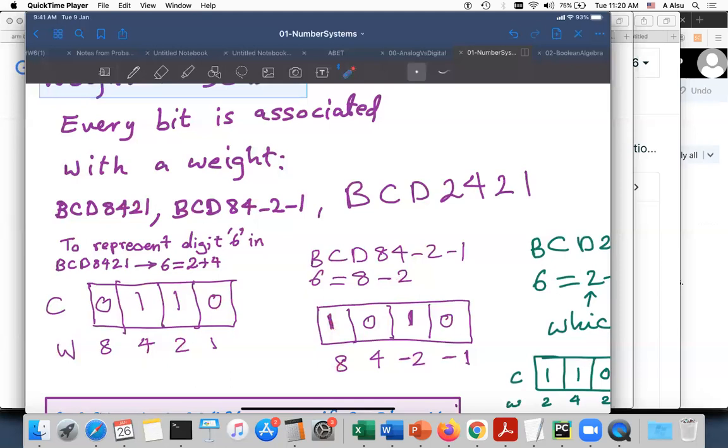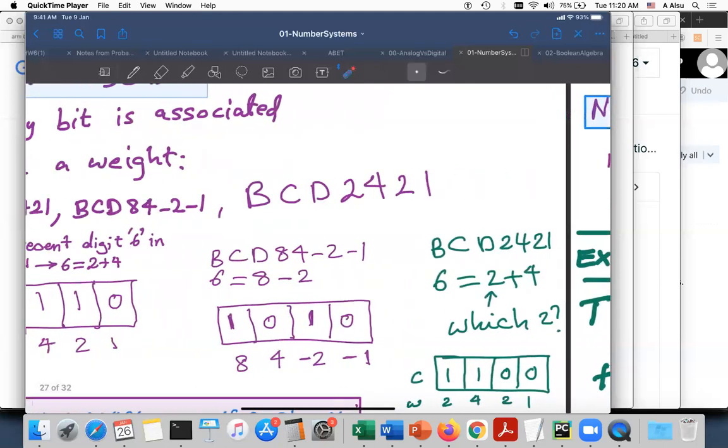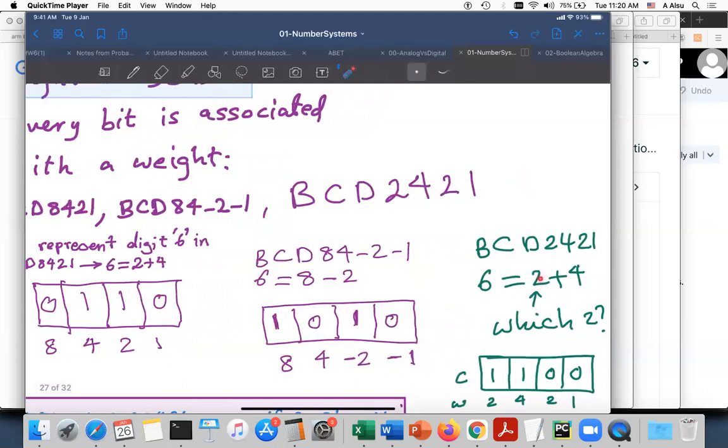Now another weighted code is BCD 2421, in which we replace the 8 with a 2. In this code, if we would like to represent the 6, it is 2 plus 4, but which 2 is it? Is it this 2 or this 2? This is an ambiguous situation. However, there are different codes available for this one.